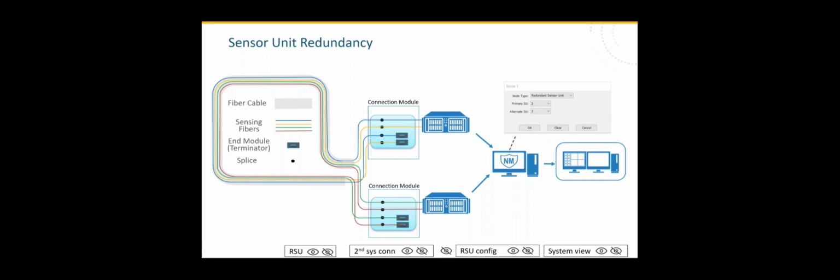It'll send the alarm from whichever system is healthy, and if they're both healthy, it sends it from the primary. And it will even stitch together alarms if the fiber has become discontinuous and one system is monitoring one portion of the perimeter and the other system is monitoring the other. This redundant sensor unit will patch that together and present the right information to the head-end system.